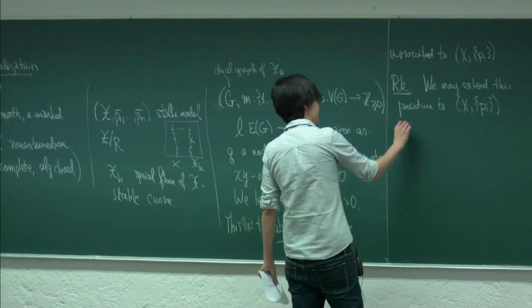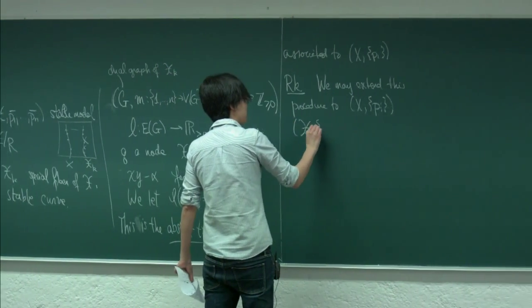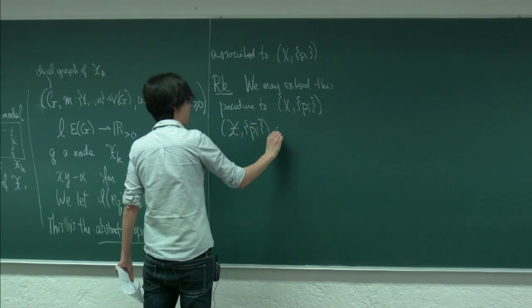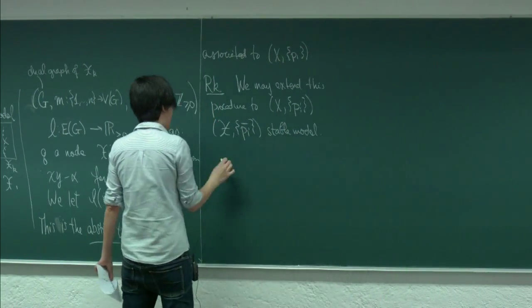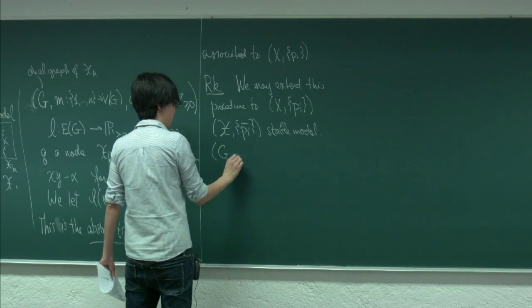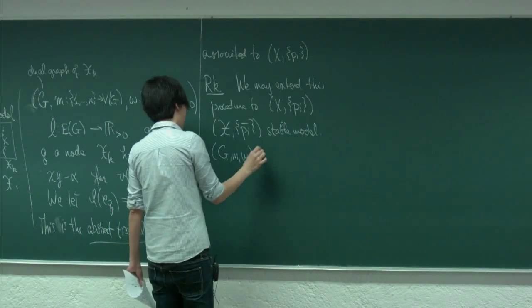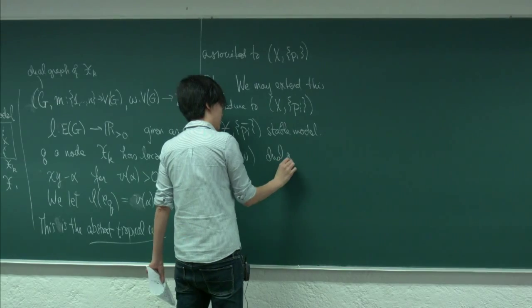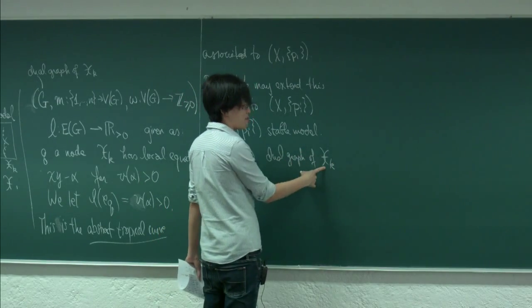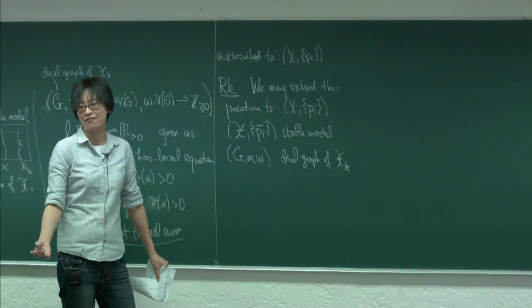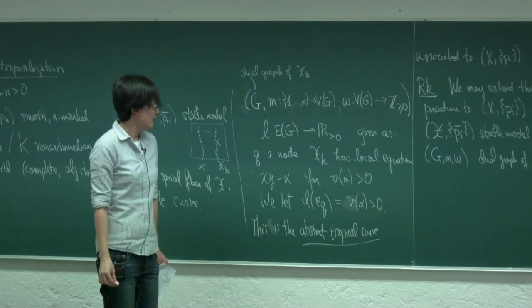So again, let curly X pi bar be a stable model. Again, we consider the dual graph, the vertex-weighted marked dual graph of the special fiber. Okay, so I really should write the marked points on the special fiber, but I'm omitting that from the notation. I hope that's okay.